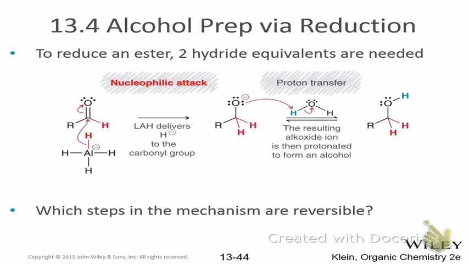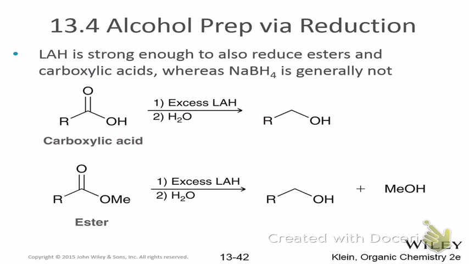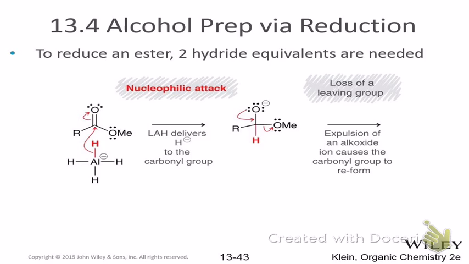The mechanism is interesting. When you do lithium aluminum hydride and a carboxylic acid or an ester, the ester one is much easier to see. The aluminum transfers the hydrogen to the carbon, just like it did in the first one.